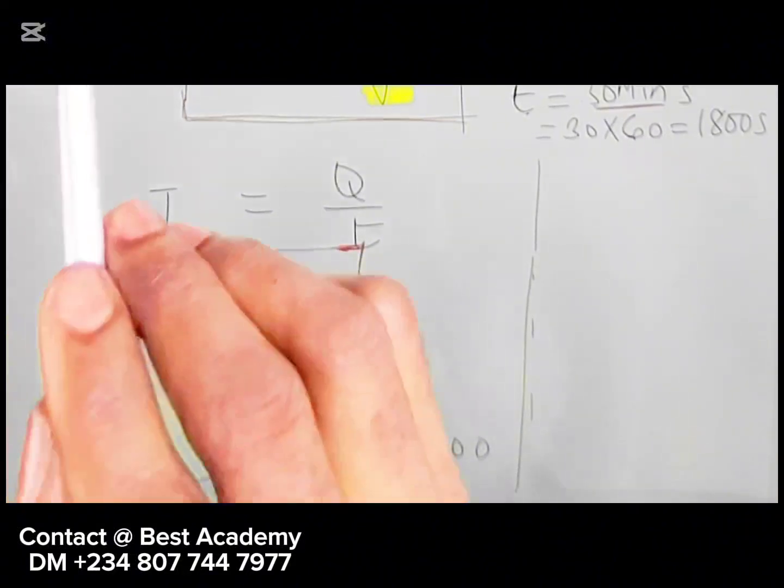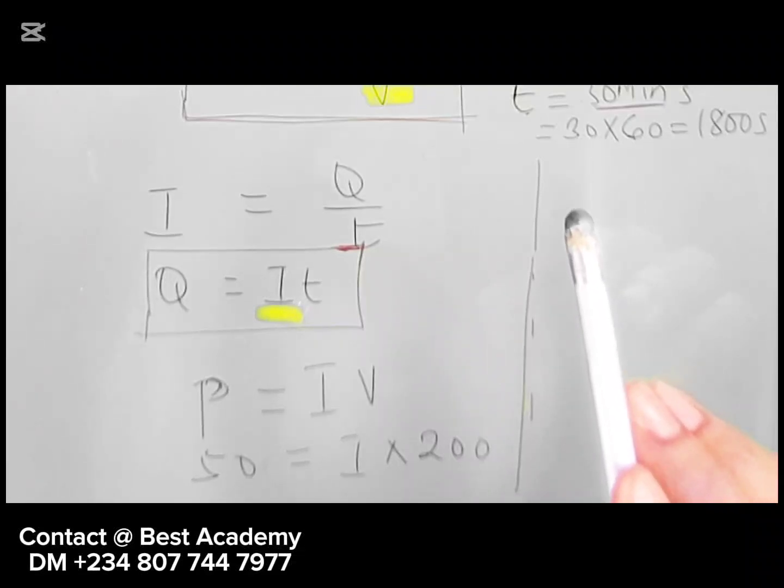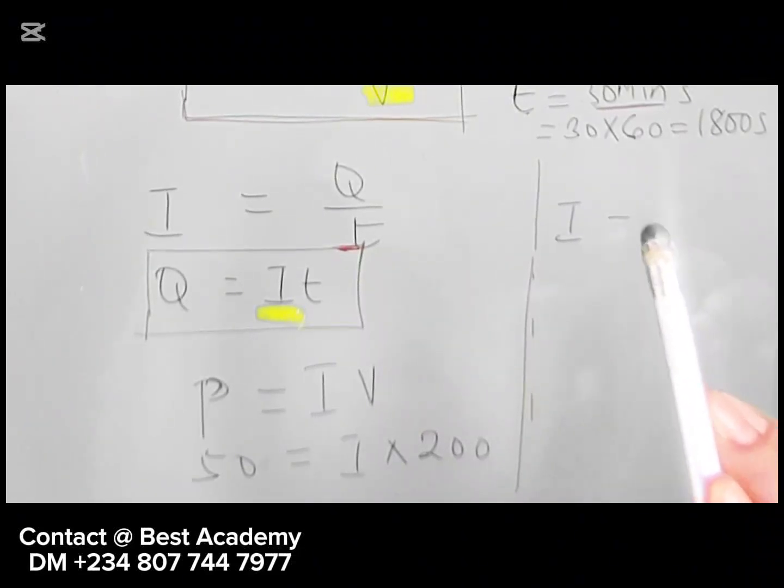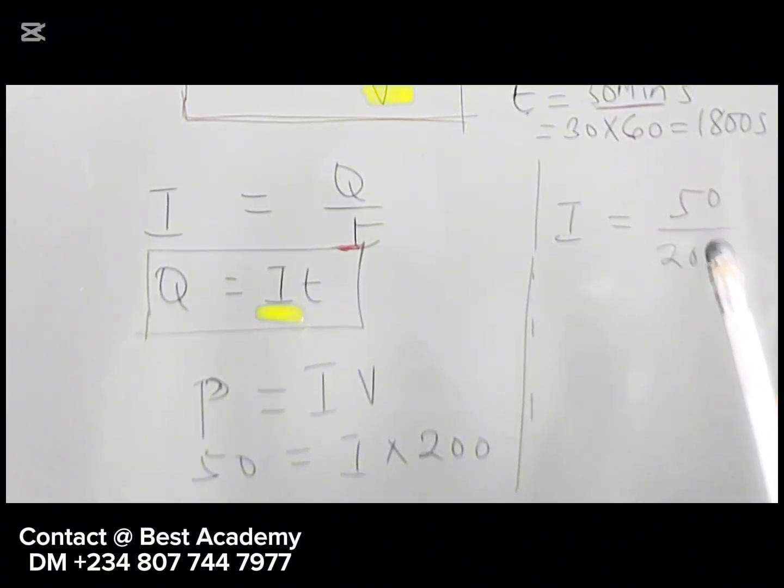Making I the subject, I will be equal to 50 divided by 200, which is 0.25 amp. So we have calculated for the current.